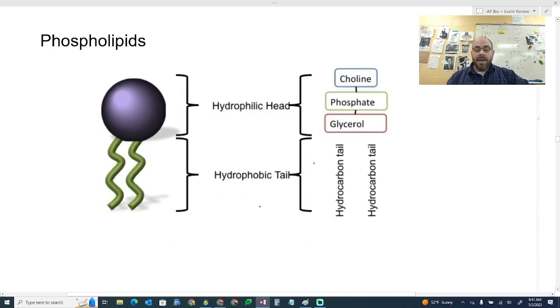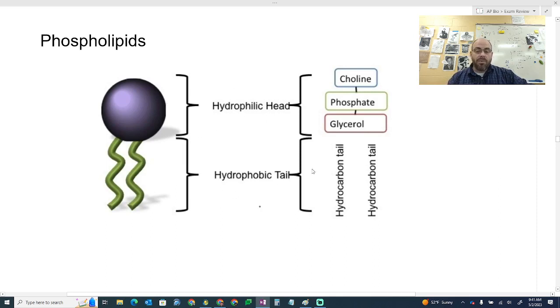The plasma membrane is made up of phospholipids. These phospholipids have a hydrophilic head. Sometimes you'll see them called amphipathic, which just means that one area of them is hydrophilic and the other is hydrophobic. The hydrophilic head has a phosphate area, which is a negative area, so that gives it hydrophilic properties, which means that it loves water.